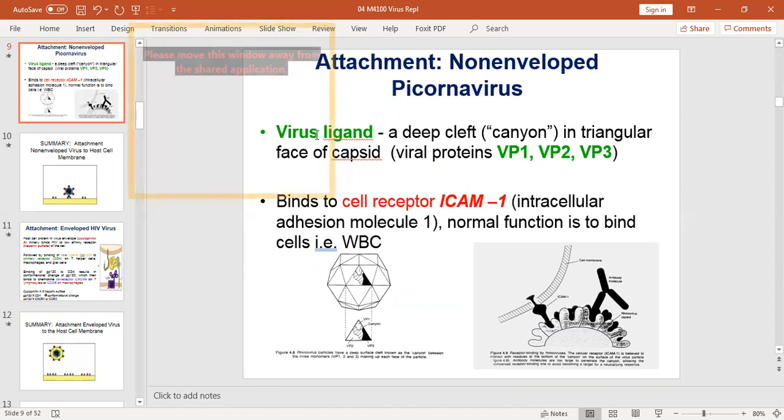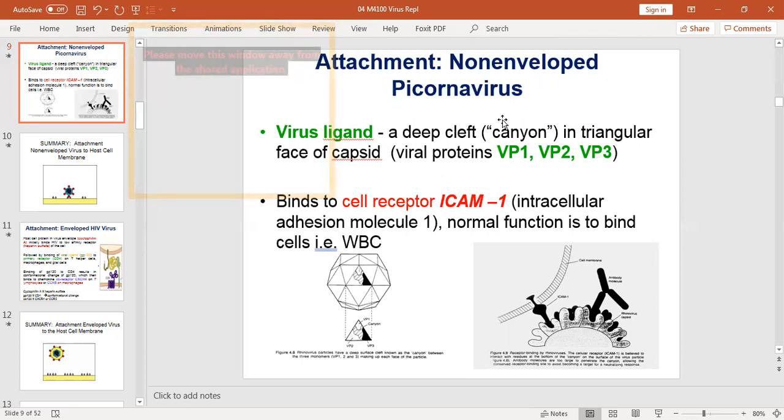Picornavirus has a ligand, and this ligand is basically embedded within a deep cleft or canyon in the triangular face of the capsid. Three capsid proteins, VP1, VP2, VP3, come together, they form a cleft, and this is basically the ligand.